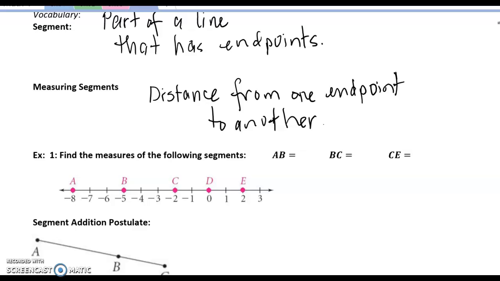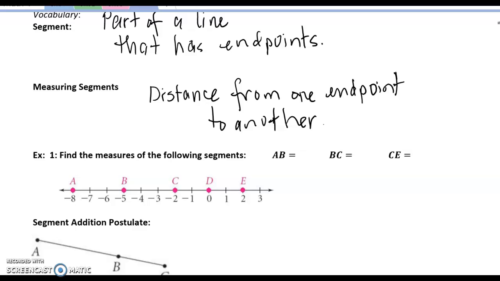Each of those segments is exactly 1 unit long. So we can talk about the length of A to B being the sum of those 3 segments together.